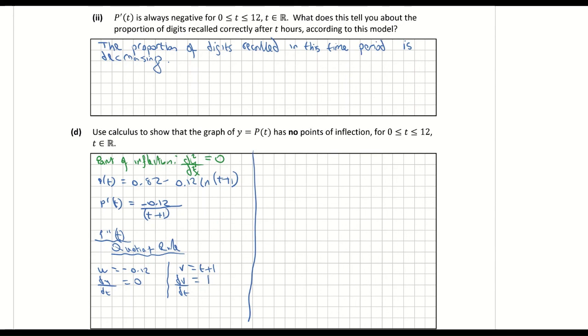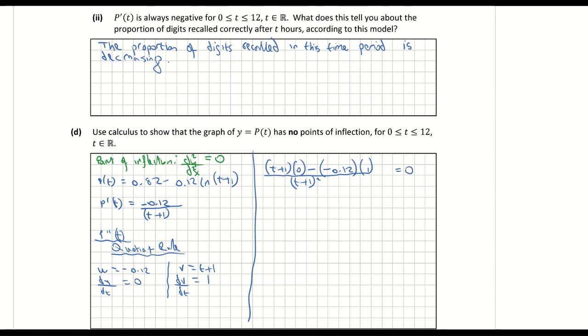So subbing them in now to my quotient rule, I'm getting v, which is t plus 1, times du, which is 0, minus u, which is minus 0.12, times dv, which is 1, and that's all over v squared, which is t plus 1 squared. So again, that's the quotient rule from my log tables.